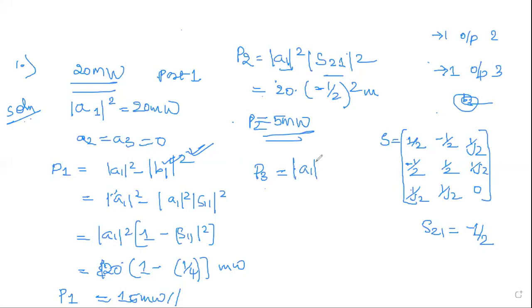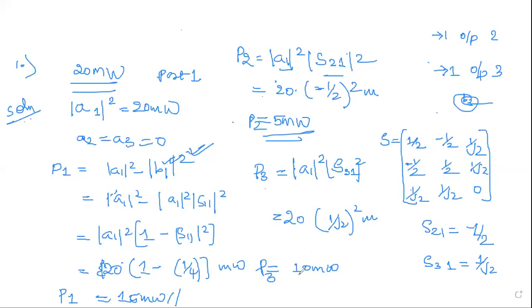It is magnitude of A1 squared times S31 squared. What is S31 from your matrix? 1/√2. So this is 20 milliwatt into (1/√2) whole squared milliwatt. So what is the P3 value? 20 into 1/2, which is 10 milliwatt.